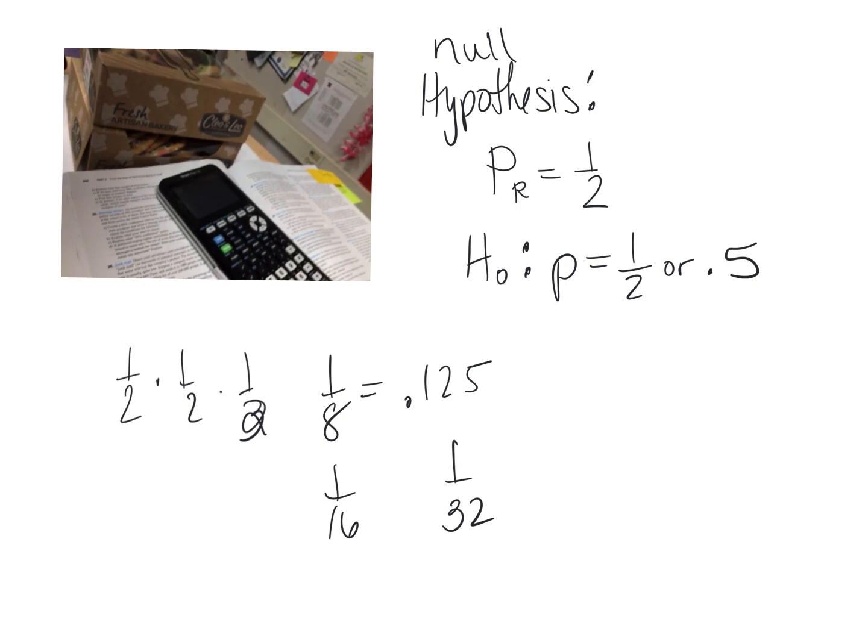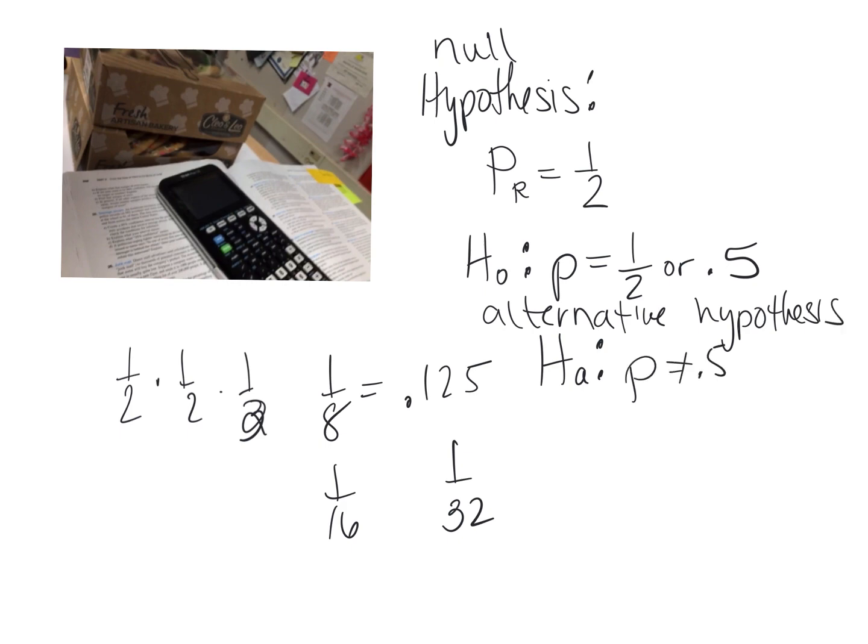We have an alternative hypothesis, HA, and that would be that it's not equal to 0.5. Most of the time, you can never really say that the alternative is true. We could with the deck of cards because I showed you, right?